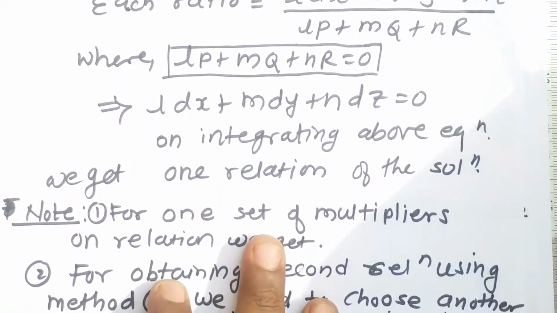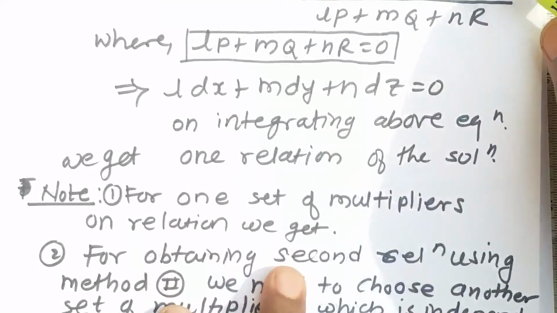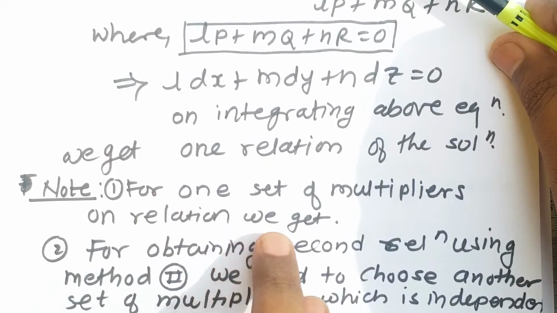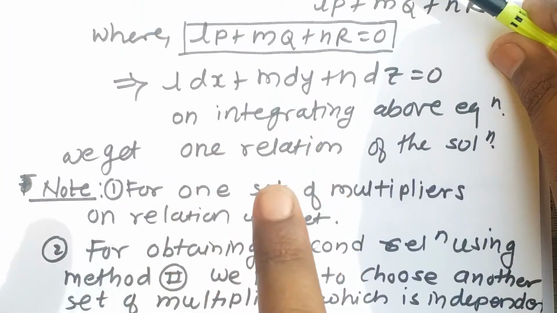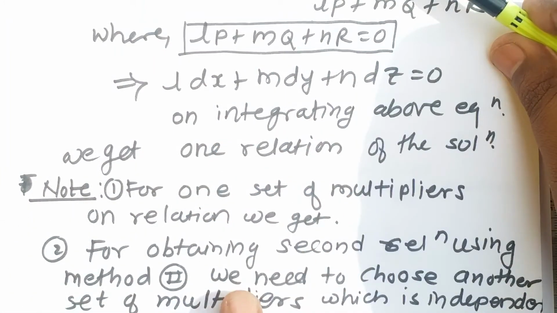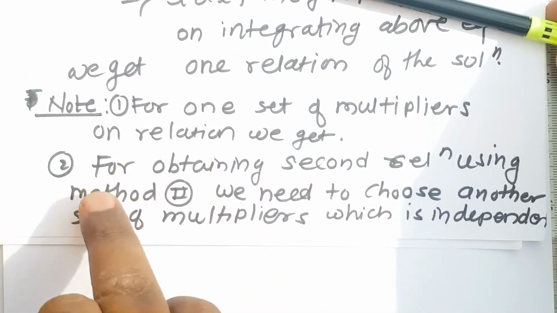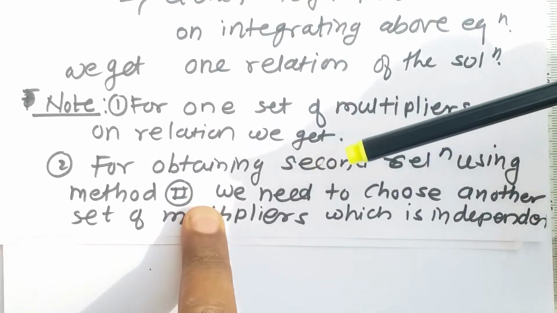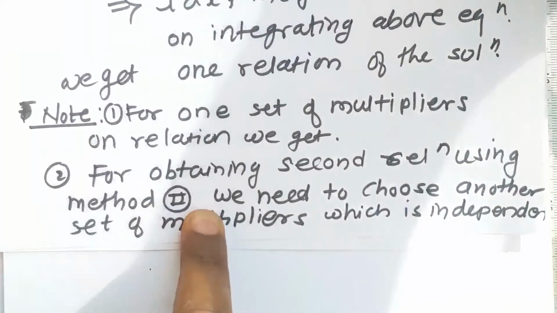Now a few important notes regarding these multipliers I am going to discuss. First, for one set of multipliers only one relation we get. For one such set of multipliers we get one relation of the solution. Second, if you want to obtain the second relation also using the same method, we need to choose another set of multipliers which is independent of the first set, right?